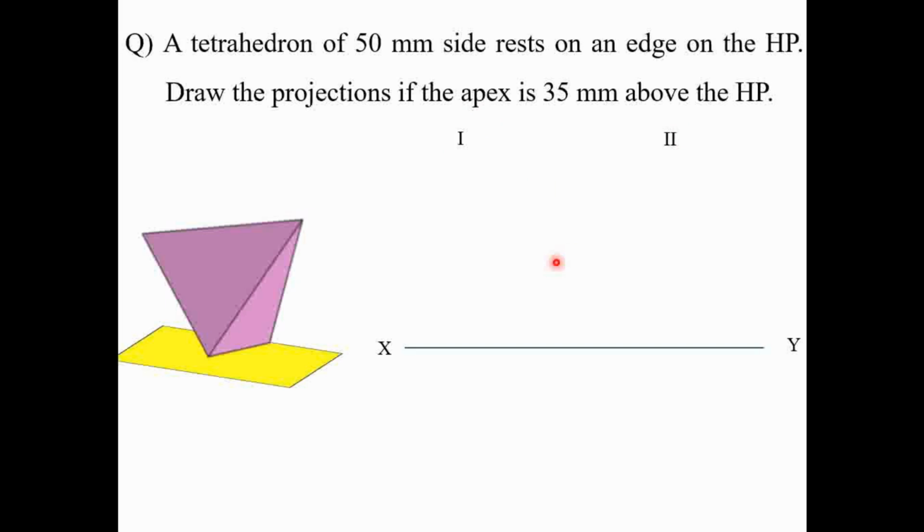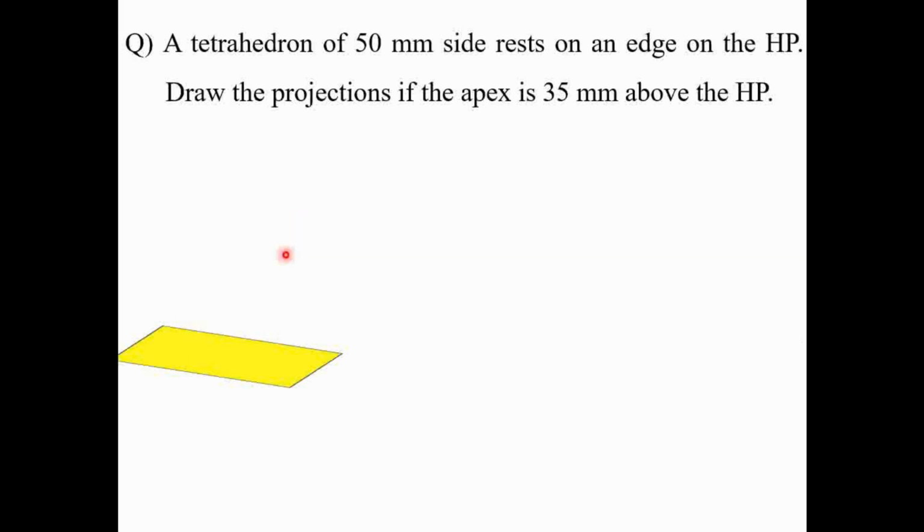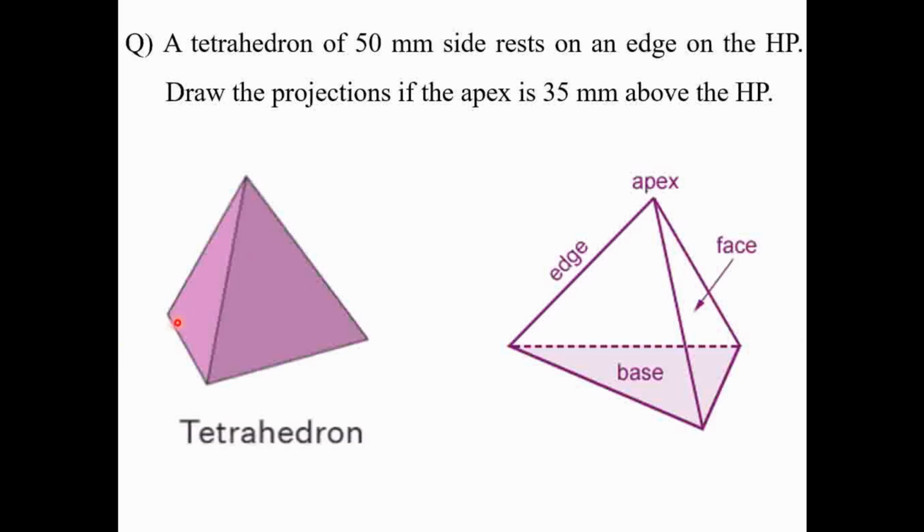Okay, as per the conventional method, if the object is resting on its edge on HP, in that case we have to consider the complete base is resting on HP, and in that case we have to draw the front and top view. If the object is resting on one of the edges of the base, meaning the complete base is on the HP, this will be the initial condition of the object, and we have to observe the object from the front view and top view, and we have to create the diagram.